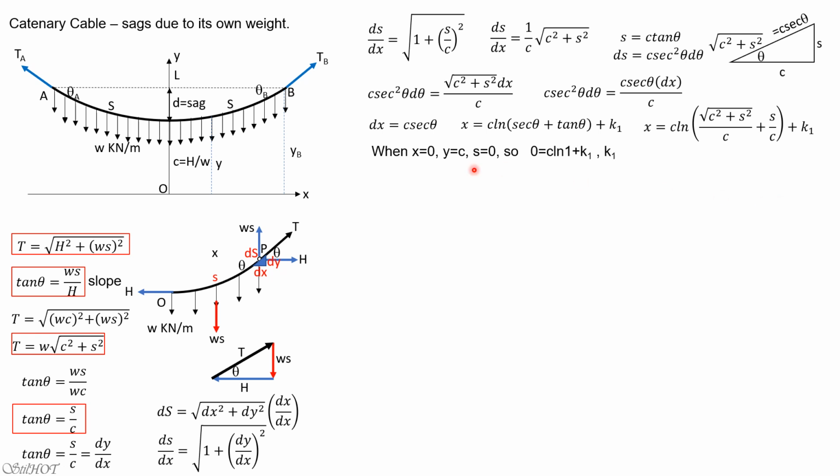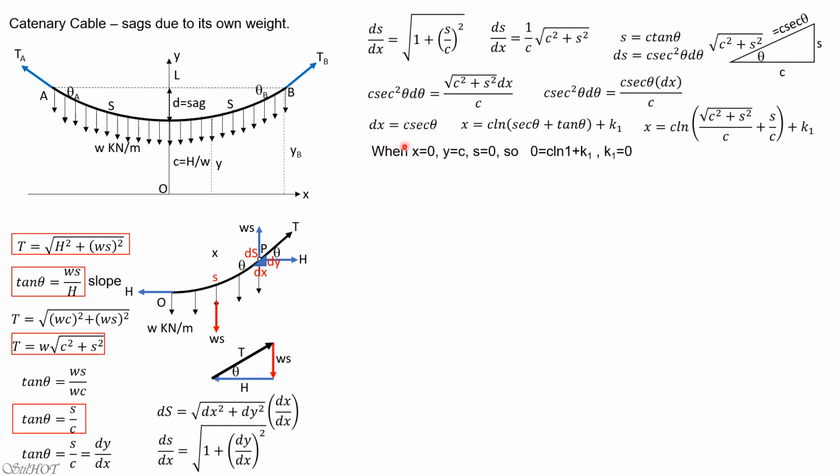So x is 0, y is c, and s is 0, so when x is 0 you have c ln of, because s is 0, square root of c squared over c, which is 1, and ln of 1 is 0, so k1 is 0.